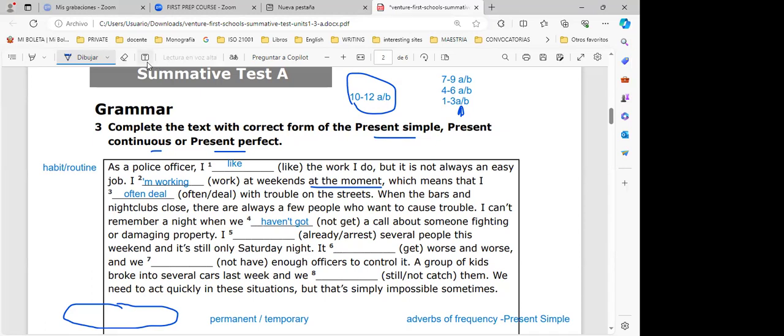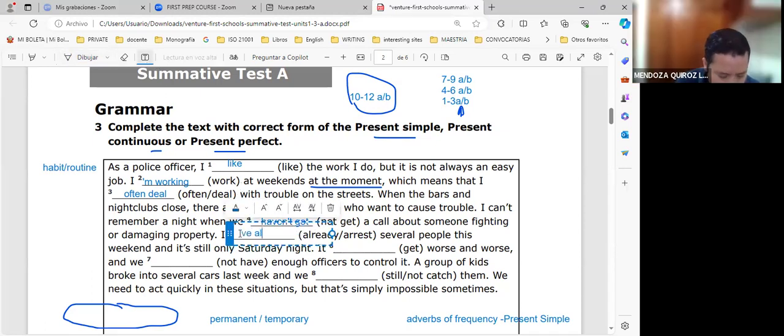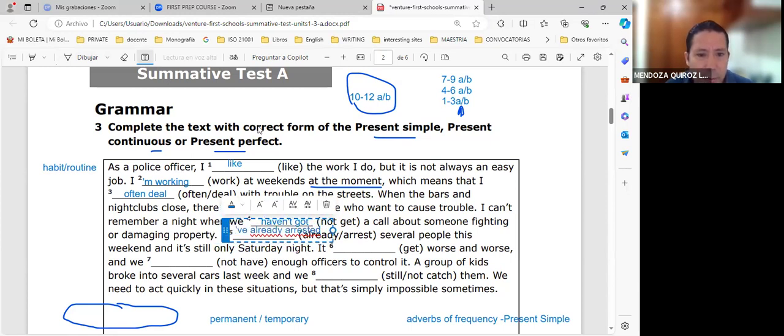I have already arrested. I've already arrested. Nice. Oh yeah, she's the police officer, no? I've already arrested several people this weekend, and it's still only Saturday night.